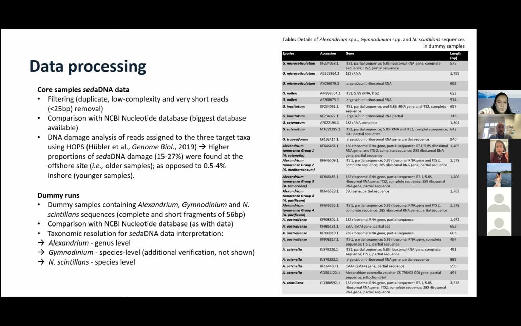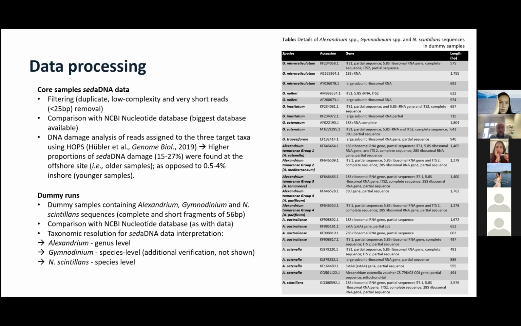Or with Gymnodinium, it could get assigned on species level, but there were a few more additional dinoflagellates that it got assigned to, which shouldn't be the case, because you literally just input a Gymnodinium sequence. Based on that, we made the decision in terms of interpretation cutoff for these particular results.